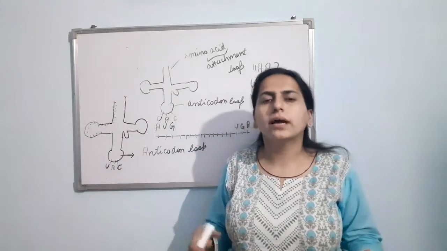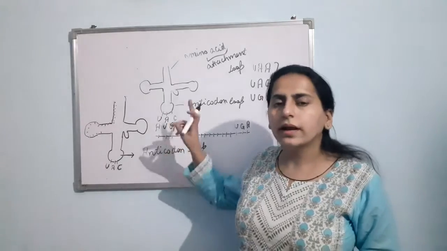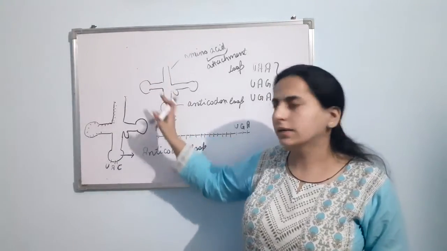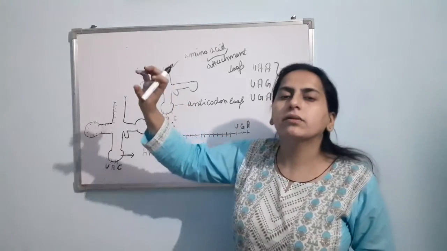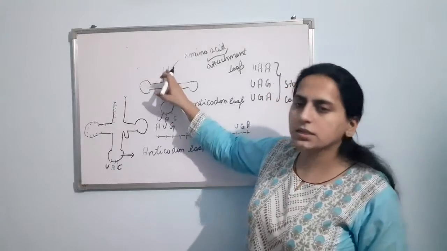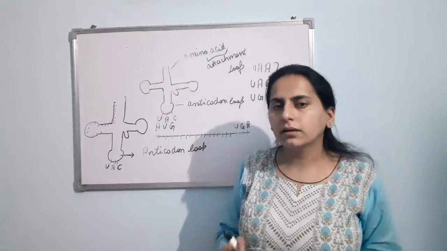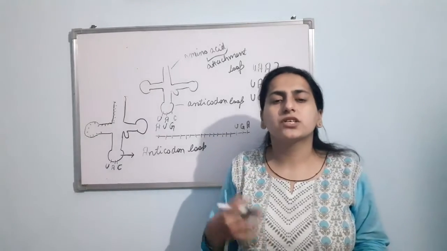You know what the function of tRNA is? It will read the codon and then bring the amino acid. So by this loop, it will read the code, and by this end, it will bring the amino acid, and the amino acid is going to bind with this end. Am I clear? Now, let us talk about how the process of translation goes on.